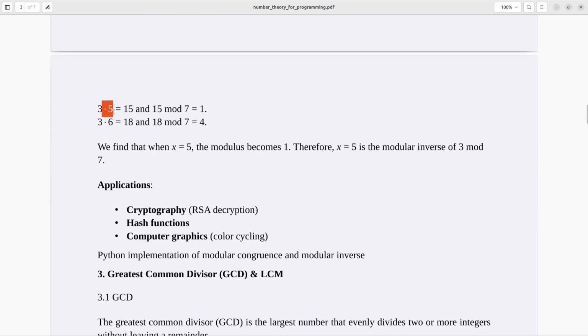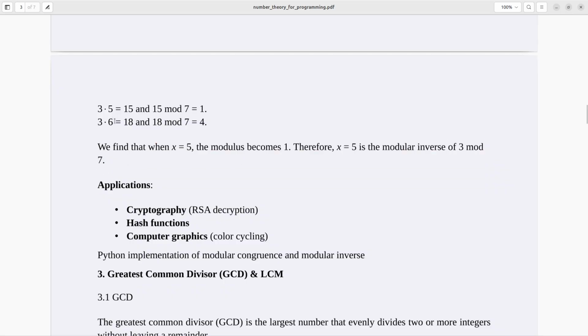When 3 is multiplied by 5, I would have 15, and 15 divided by 7 is really able to return a remainder of 1. That's why x is 5. I mean the modular inverse of 3 is just 5. Okay. And this modular inverse would refer to the modulus of 7. Okay.